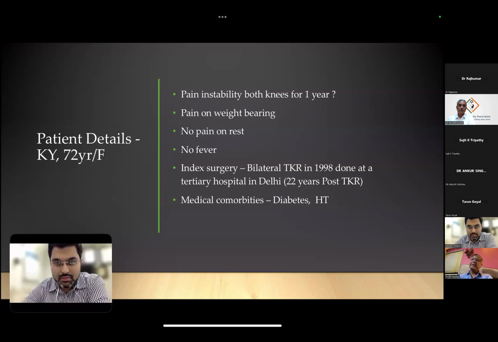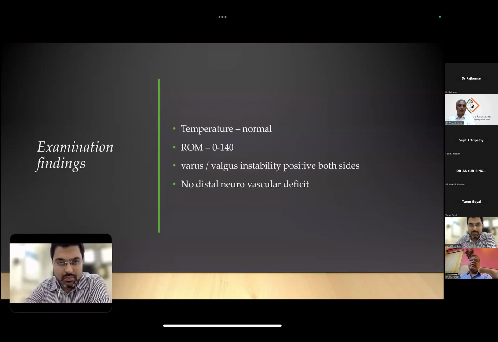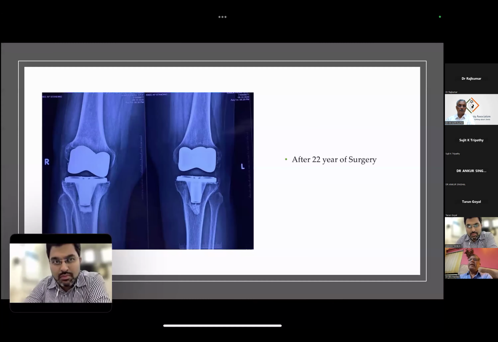Actually, this case is of 2020, but the first surgery was done in 1998, and the medical comorbidities were diabetes and hypertension. On examination, the temperature was normal, range of movement 0 to 140 degrees, whereas valgus instability was present in both knees, and there was no distal neurovascular deficit.